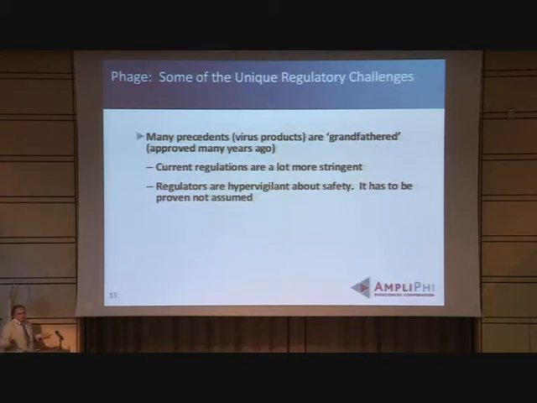But we do not have the ability to say we want that level of tolerance. These things are out there, they've been out for a long time, and certain things are tolerated. The classic one is aspirin, which would fail any clinical trial it went into today. Current regulations for new drugs are a lot more stringent, and the regulators are hyper-vigilant about safety. It has to be proven, not assumed.